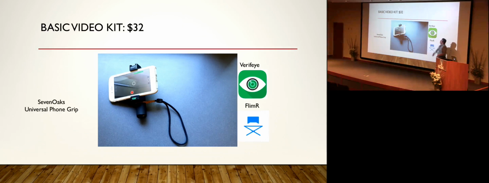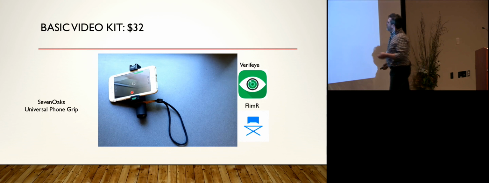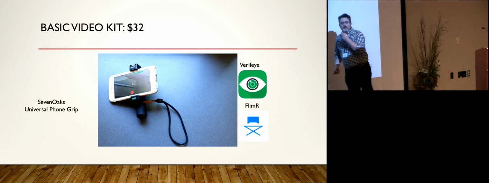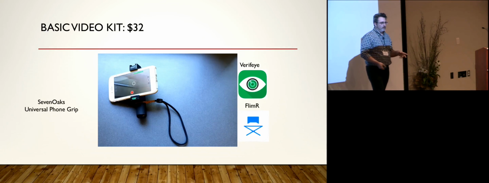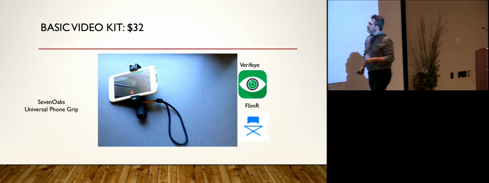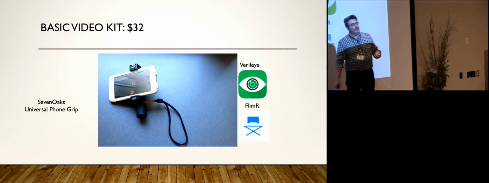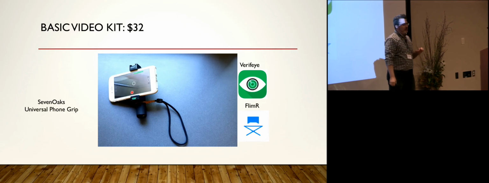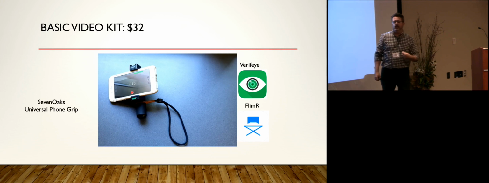The app that we're using here is called Verify. It was created by a company that does verification of citizen journalism in England. And Verify lets you do two very important things. It lets you not spend any money on a video app, and it lets you break what the corporate overlords would like you to do, which is focus and exposure in the same spot.